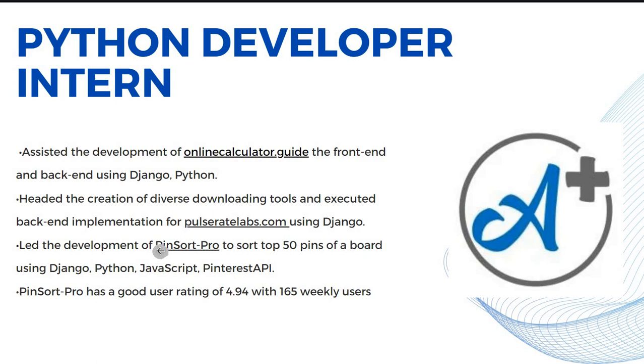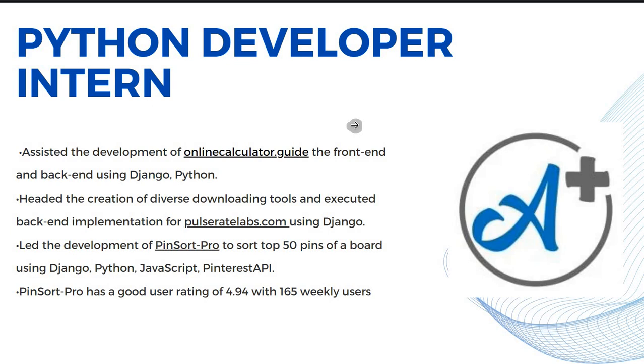All these include very advanced hands-on experience of Python and the use of various libraries for extracting data from sites and working on the front end and the back end. The Online Calculator Guide is a basic site which provides various conversion and converter tools that you can use for your daily lifestyle problems.